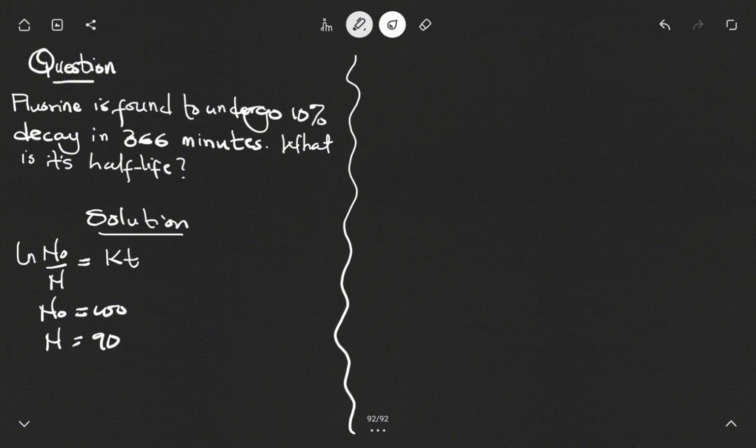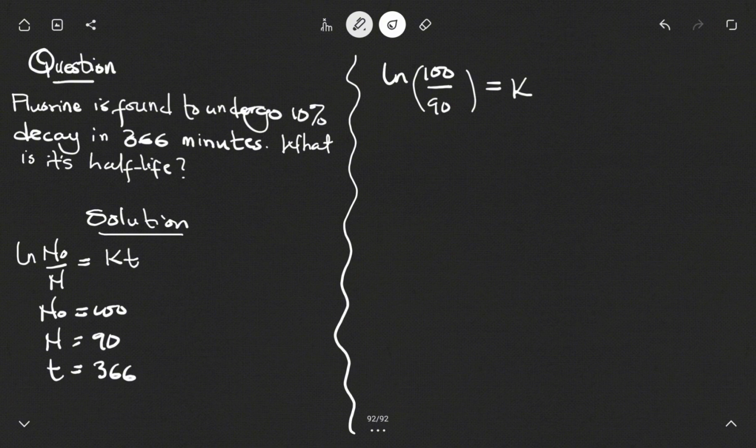So all we have to do is to put this in the equation, and then the t is also given to us to be 366 minutes. So if we put this in the equation, we are going to have ln of the initial amount, which is 100, over 90, which is the amount left at time t, and this should be equal to kt.